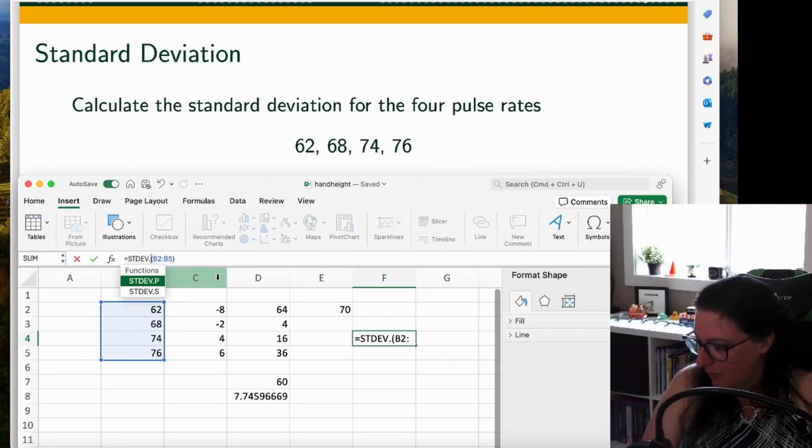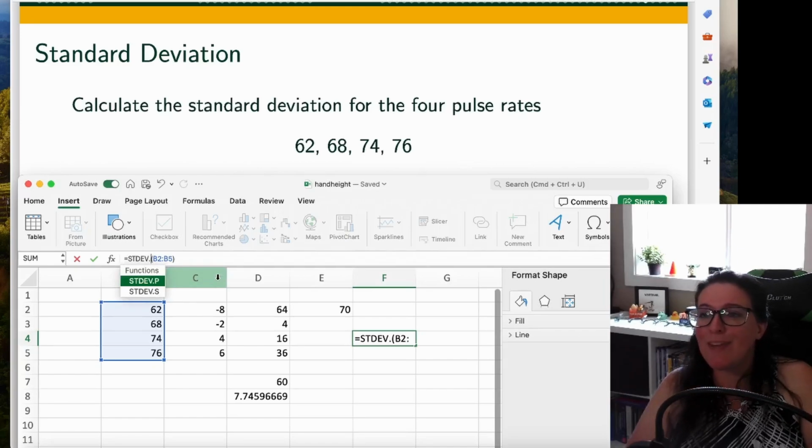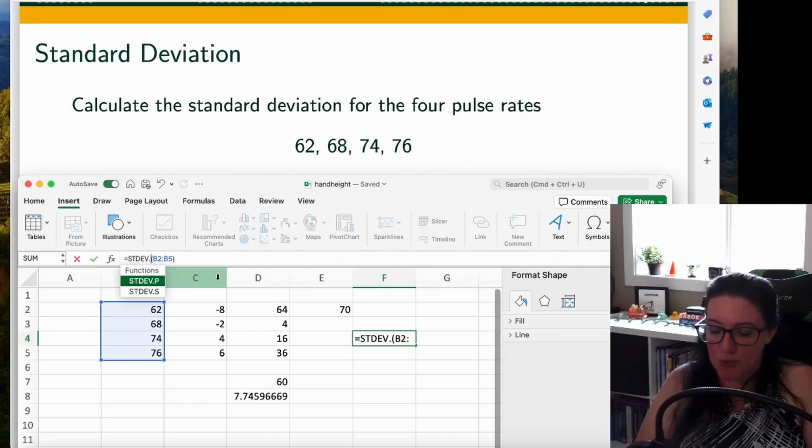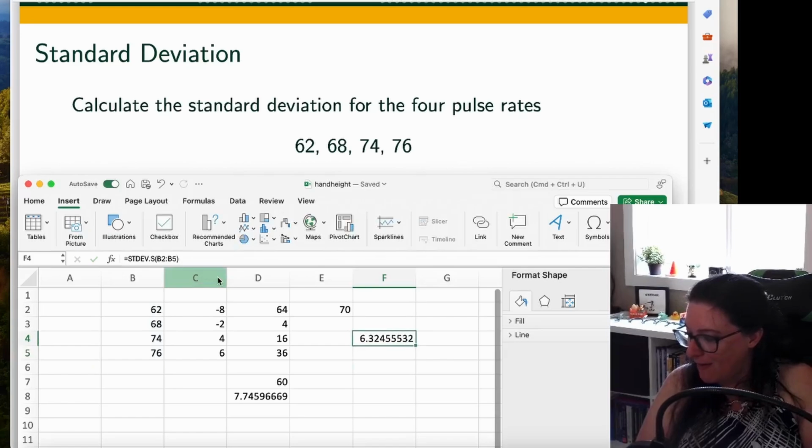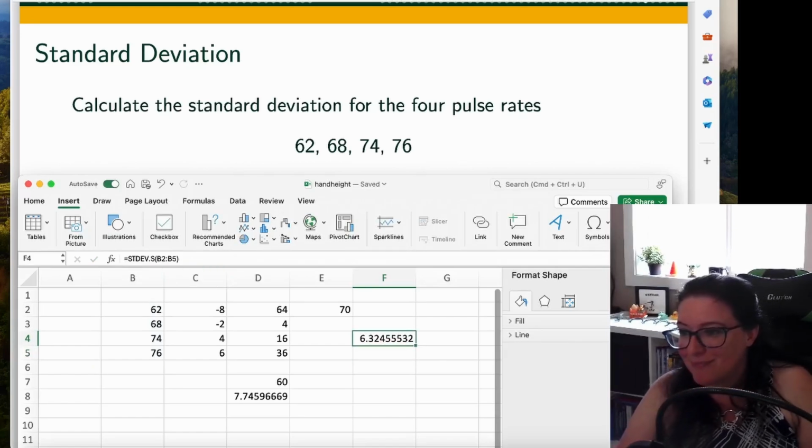So there's a P and there's an S. That one is the sample, that one is the population. You can see how the formulas were slightly different. So technically we want this one. We still get completely different numbers.